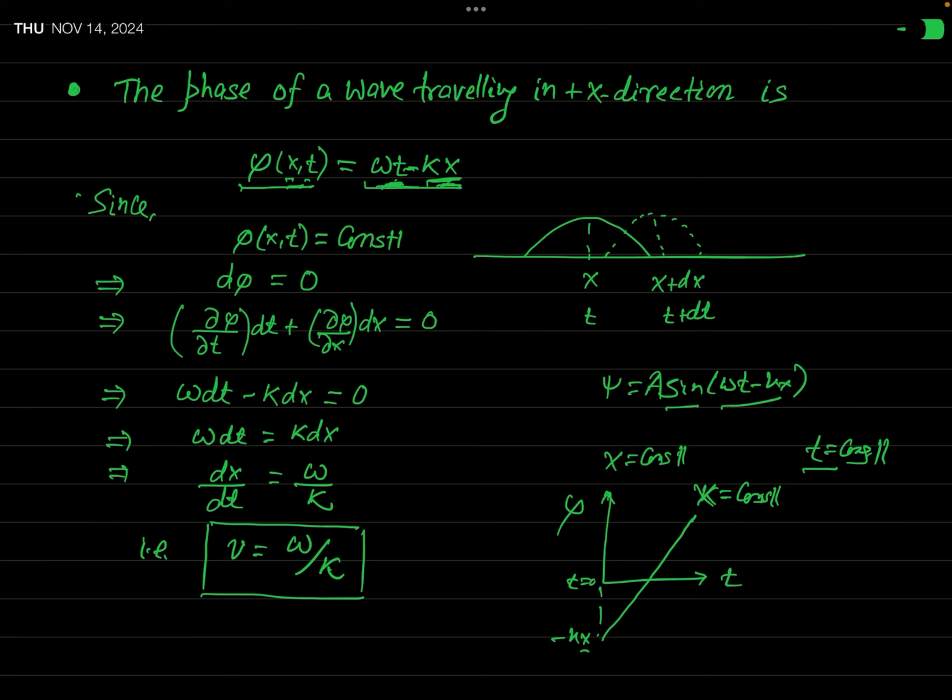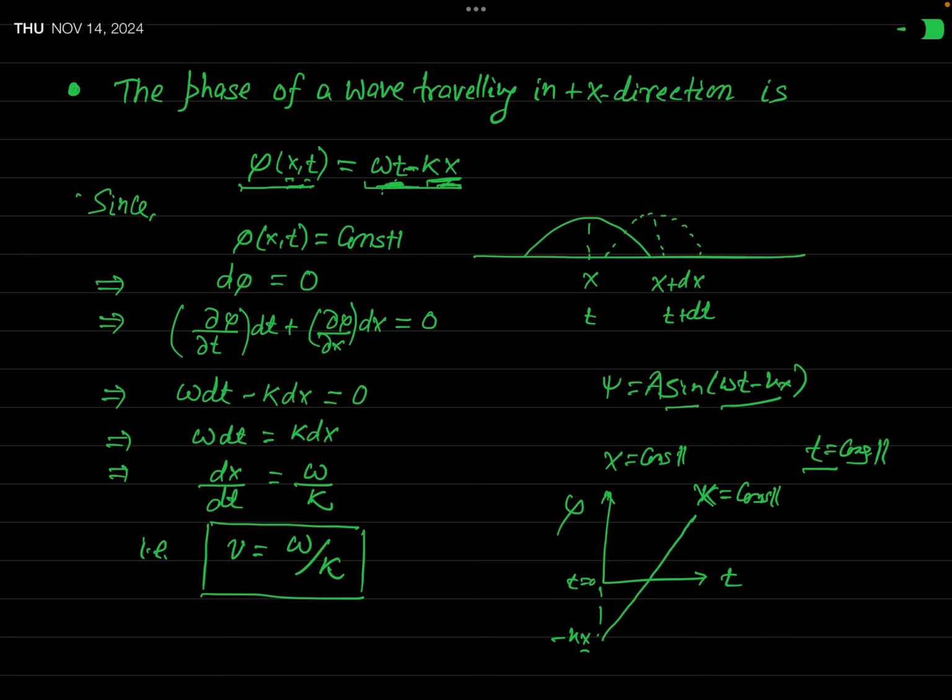So at a given time, with increase in x, phase of the wave decreases linearly, and at a given position with increase in time, phase of the wave increases linearly. Actually, the decrease in phase is due to the fact that at greater x, the phase corresponds to waves emitted at earlier times. That's why the phase decreases.